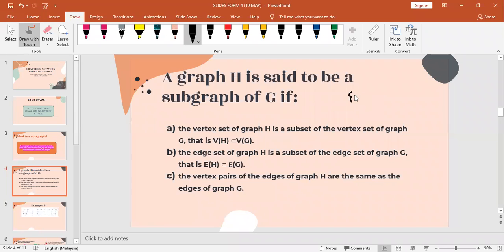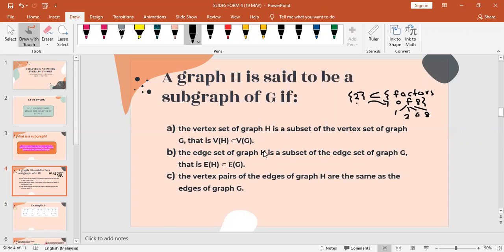In a set, kita ada two. Lepas kita kata, we say that two is the subset of factors of 8. Okay, factors of 8 ni kan ada 1, 2, 4, 8. So it means that 2 is inside here. Maksudnya 2 is one of the elements of factors of 8.